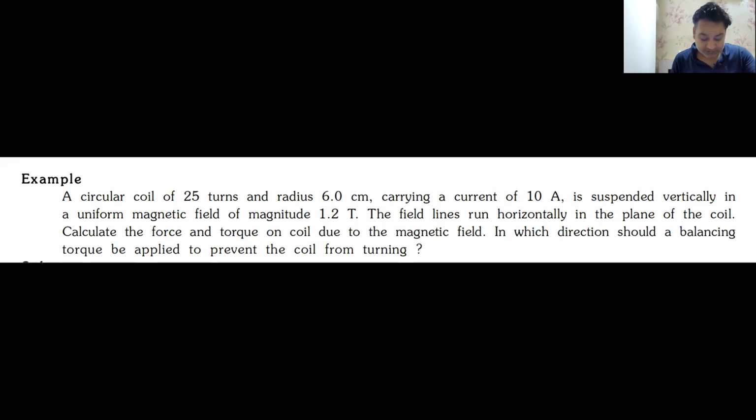You can take turns if you want to simplify the answer as n, radius as r, and carrying a current of 10 amperes, you can take it as I. It is suspended vertically in a uniform magnetic field of magnitude, you can take it as B. The field lines run horizontally to the plane of the coil. Calculate the force and the torque on the coil due to the magnetic field. In which direction should a balancing torque be applied to prevent the coil from turning?